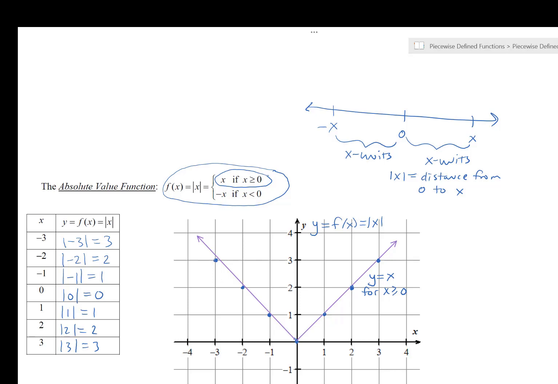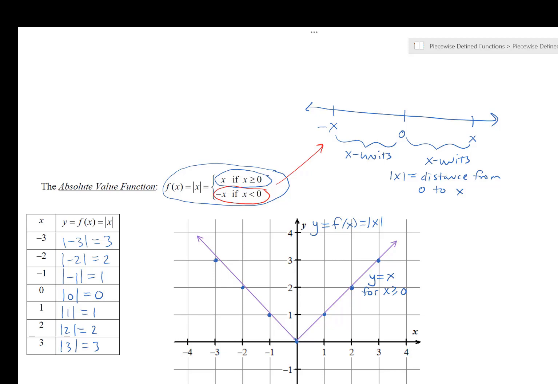Now, if x is negative, then we have to turn it to a positive, just like we saw up there. So to do that, if we have a negative number x and we negate it, then it would become positive. Hence, if we have a negative input x, we take the negative of that to turn it positive.